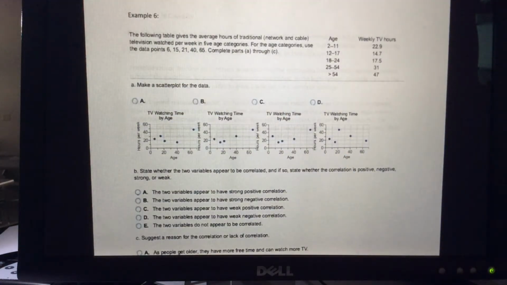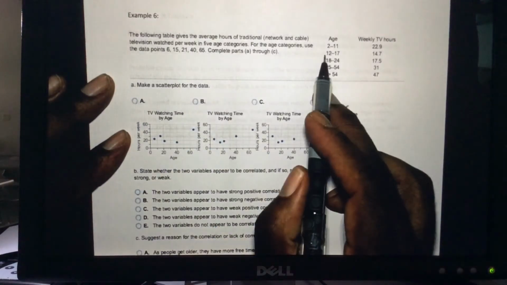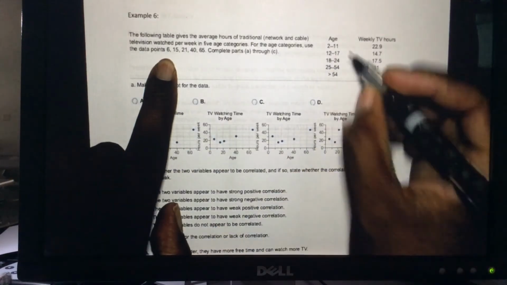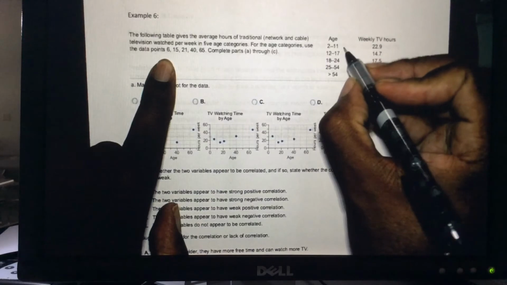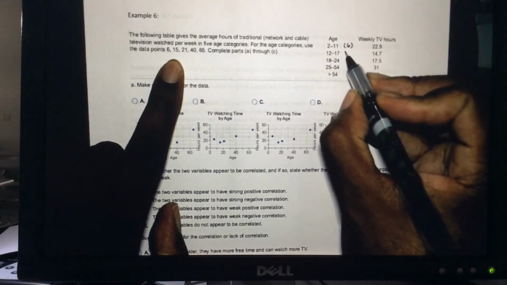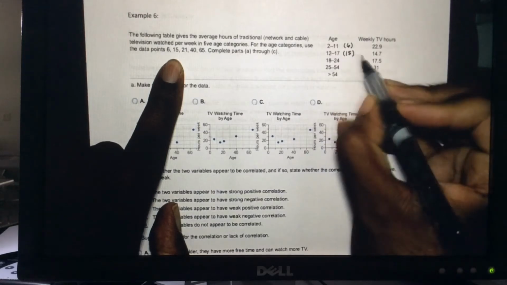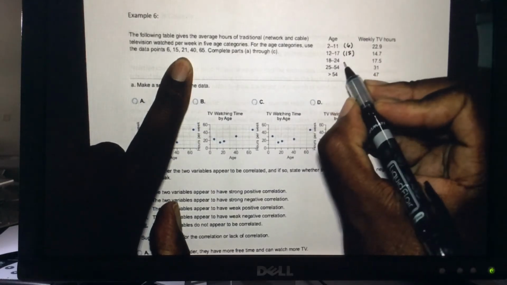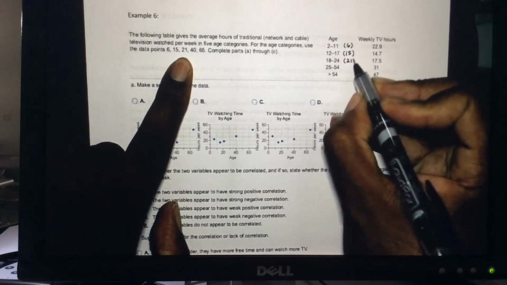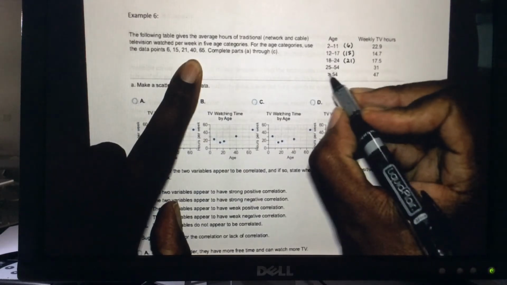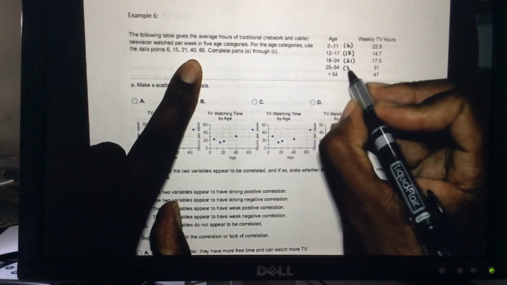Okay, so here is the table that they give us. Now, I'm going to show you how to do this on the graphing calculator, mainly the TI-83 or the 84. For ages 2 to 11, we're going to use the number 6 as a data point. For 12 to 17, we're going to use 15. For 18 to 24, we're going to use the data point 21. And then 25 to 54, we're going to use 40.